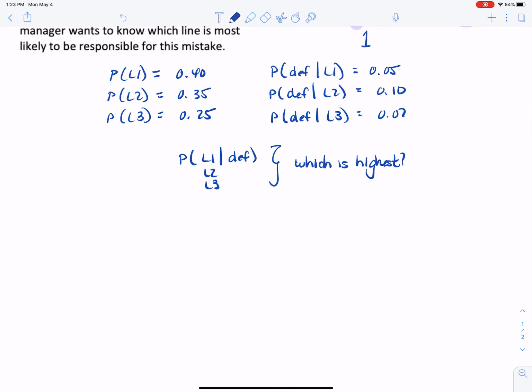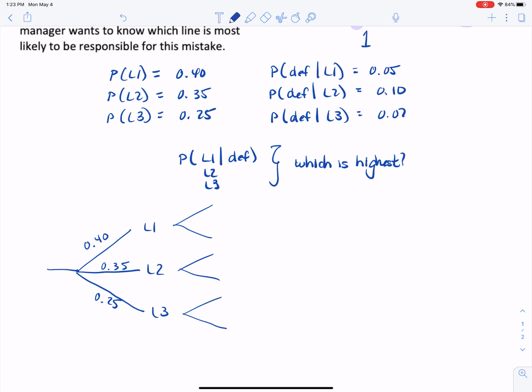So when we start, there are 3 possible roads we could take first. It could come from the first line, the second line, or the third line: a 40% chance here, a 35% chance here, a 25% chance here. From there, the item is either defective or it's okay.